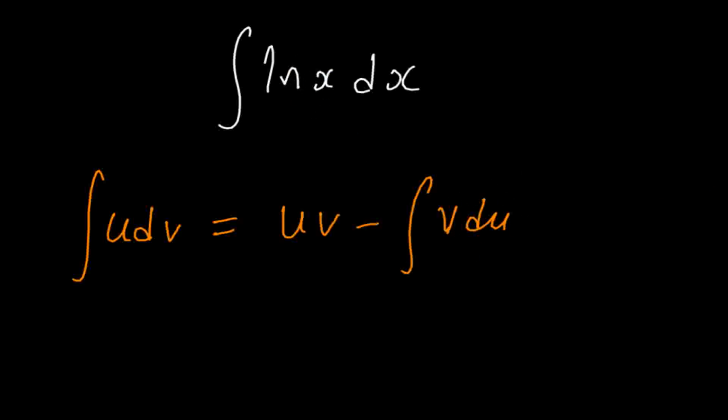So in this case, we are going to let our u be the natural logarithm of x and our dv to be dx.